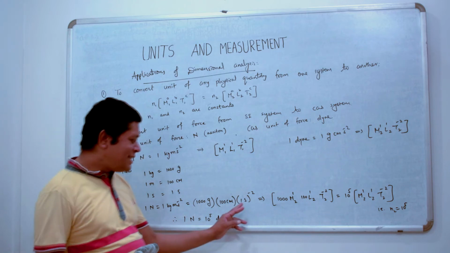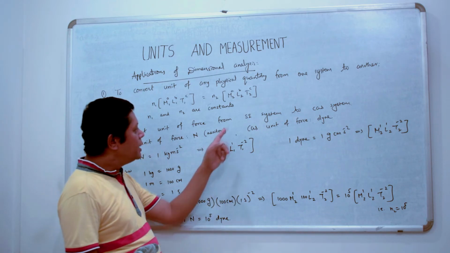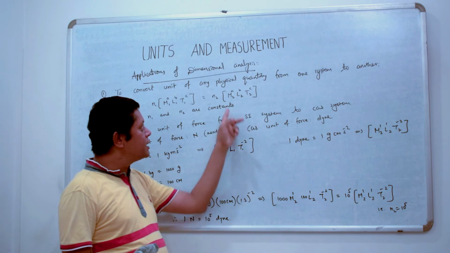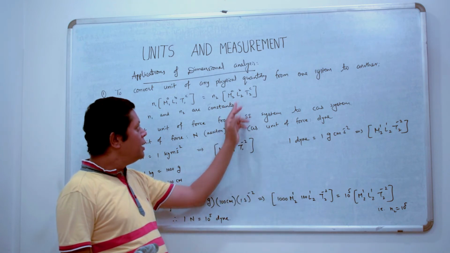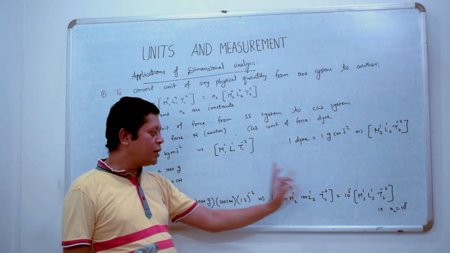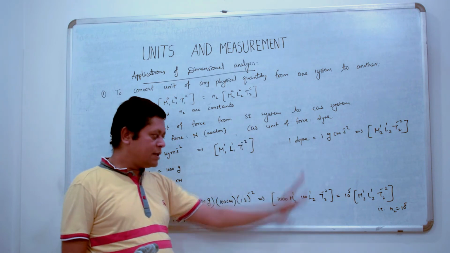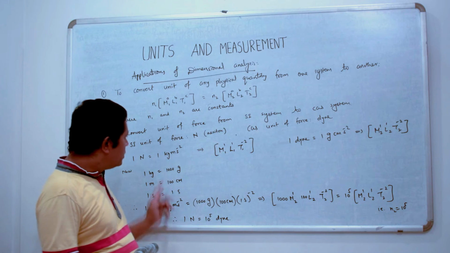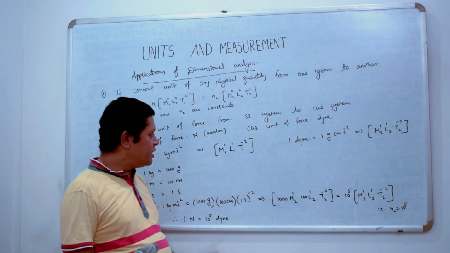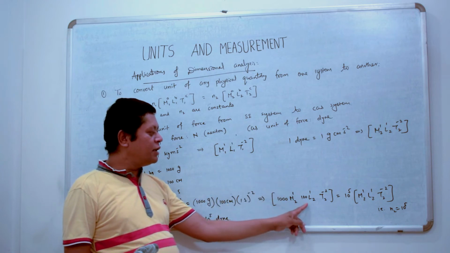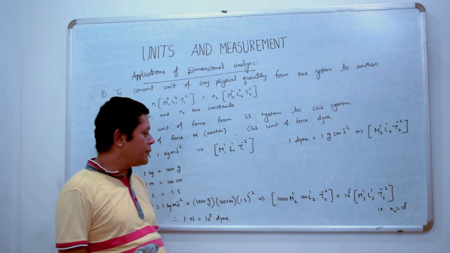So dimensionally, if you write in this second case, it is M2, that is 1000 times M2 to the power 1, L2, it is 100 times L2 to the power 1, T2. So M1 to the power 1 is here 1000 times M2 to the power 1. L1 to the power 1 is 100 times L2 to the power 1.